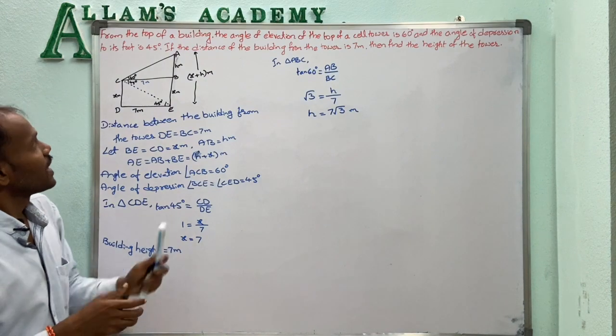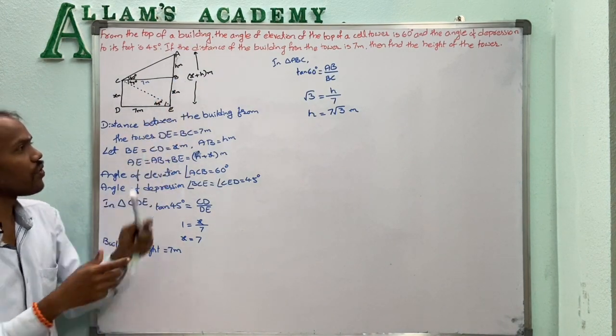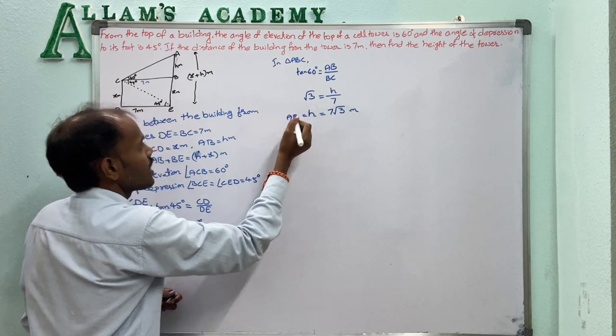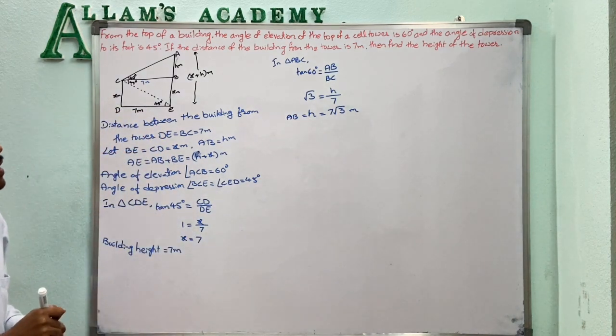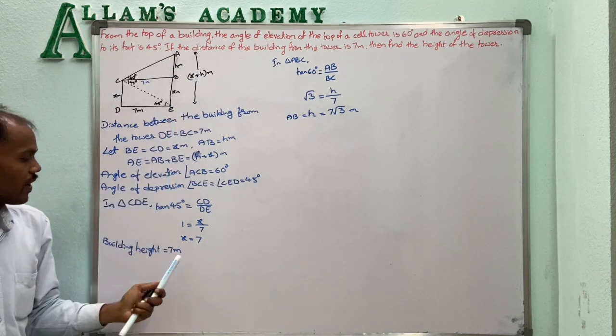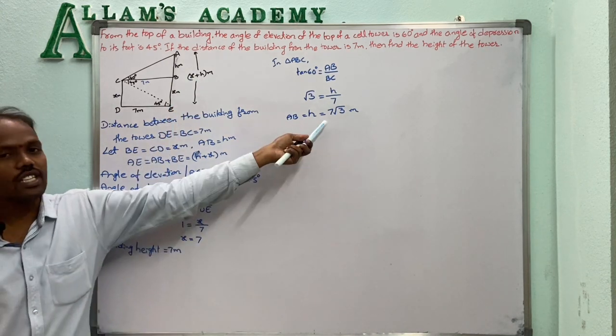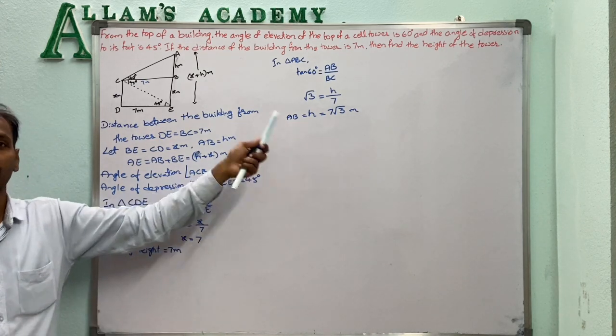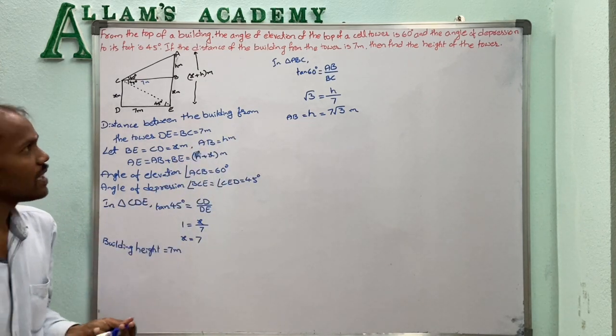Now that h is the value for AB, not for the height of the cell tower. The height of the cell tower is the addition of x and h. So the x value is 7 meters, the h value is 7 root 3 meters. By adding both numbers, we get the height of the cell tower.